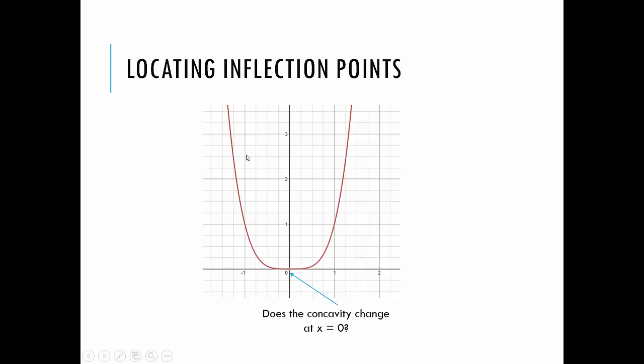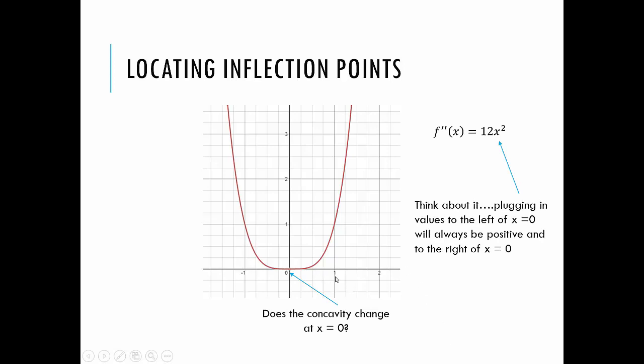If I look at the graph, concavity is not changing there, so certainly this would not be an inflection point. If you think about it, if you're plugging in values to the left of x equals 0, because this is squared, even if they're negative, it's always going to be positive. And then, of course, positive values to the right of 0.